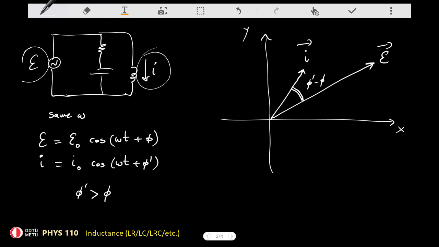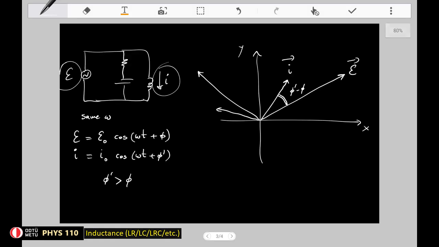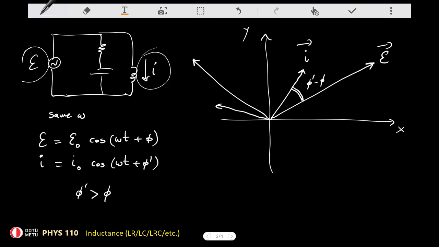Let's try to understand it like this. Let's say at a later time when the current is like that and the EMF is like that, we will still have two vectors that have the same angle between them, which is phi prime minus phi.